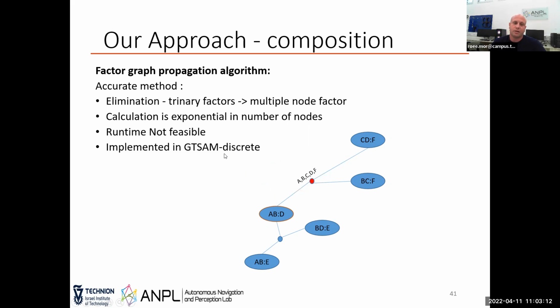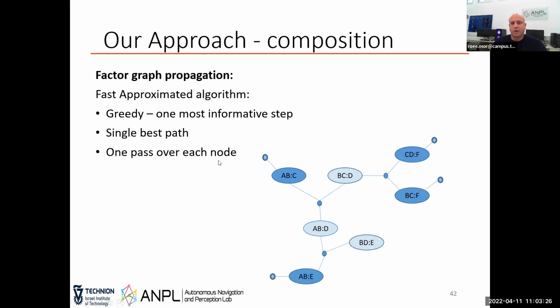We actually tried to do it using GTSAM. GTSAM has the ability to solve discrete factor graphs. And we saw it's infeasible. It takes too much time. So instead, we are using a different algorithm, a greedy algorithm, which is influenced by message passing algorithms.